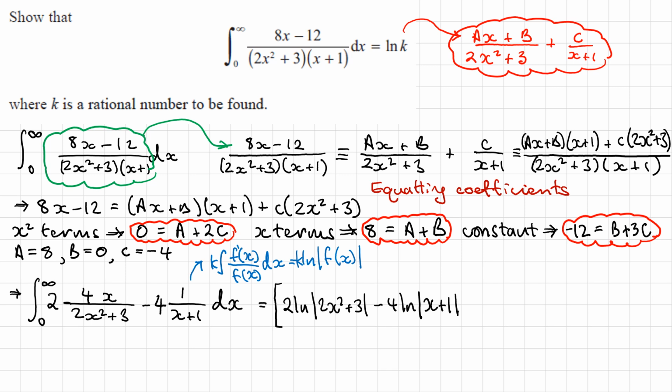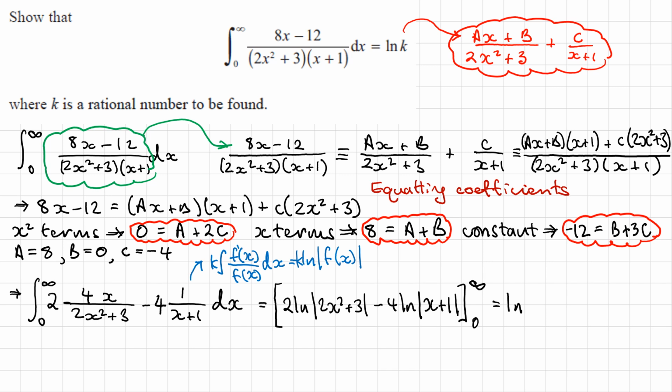So at the moment we've still got these limits of 0 and infinity. So what we'll do now is we'll just tidy this up a bit, put those logs together. Because it's a subtraction, it's now going to be a division.